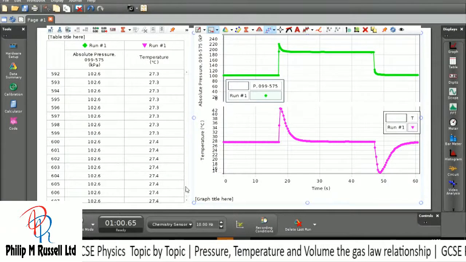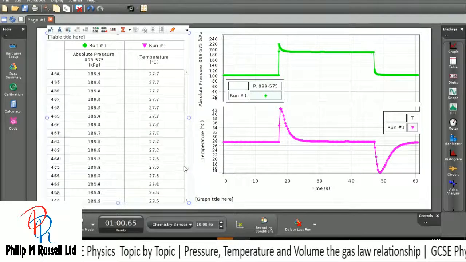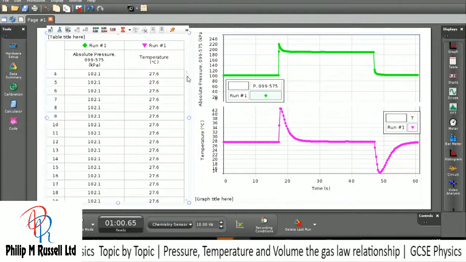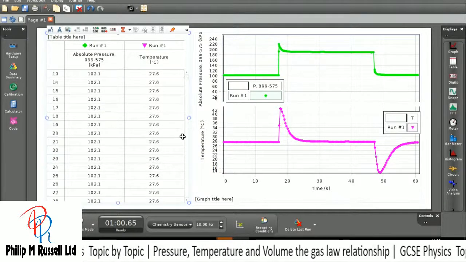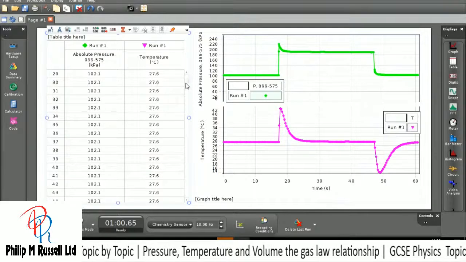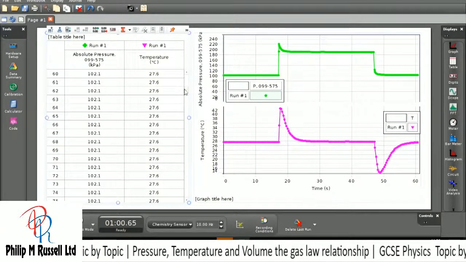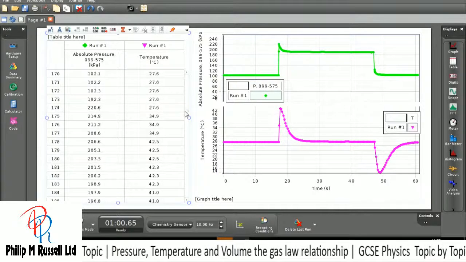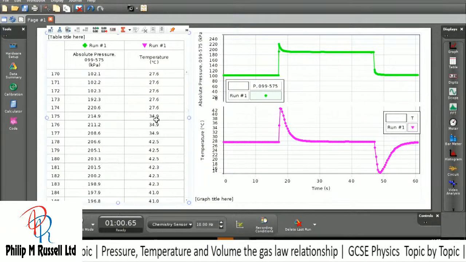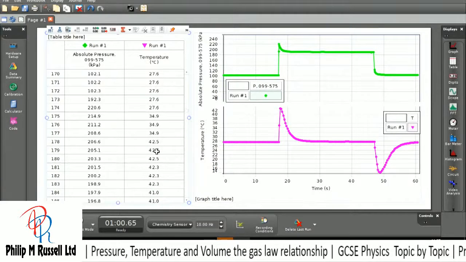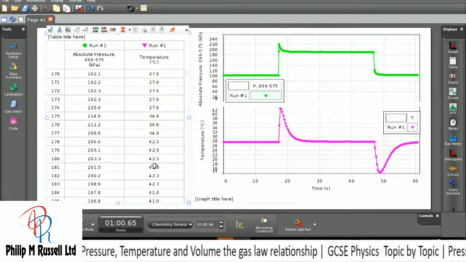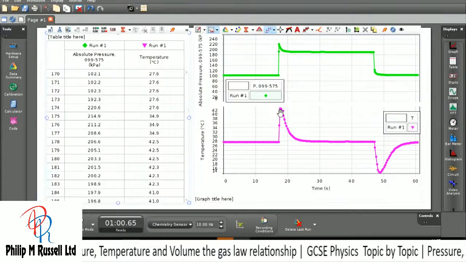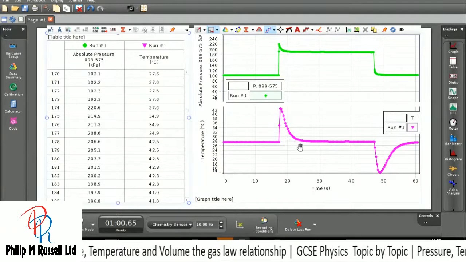Let's have a look and see what it actually did do. So that's before we started, and you can see 34, it went up to 42.5 before falling down fairly rapidly.